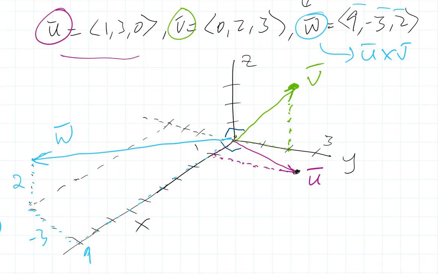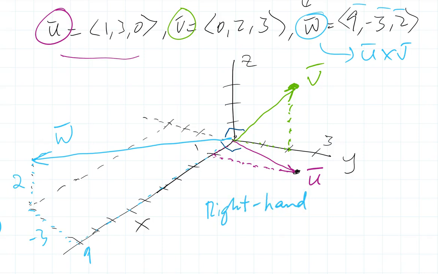All right, so there's W. Now W has to be perpendicular to both U and V, and it is. I mean, it doesn't look like it, but it is.